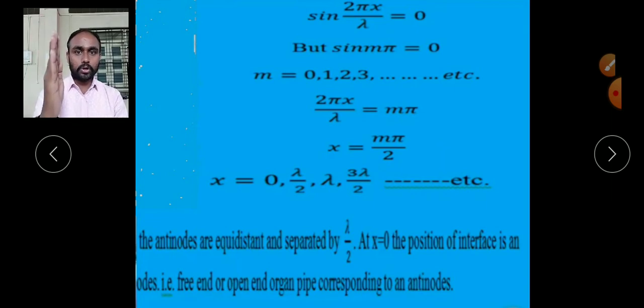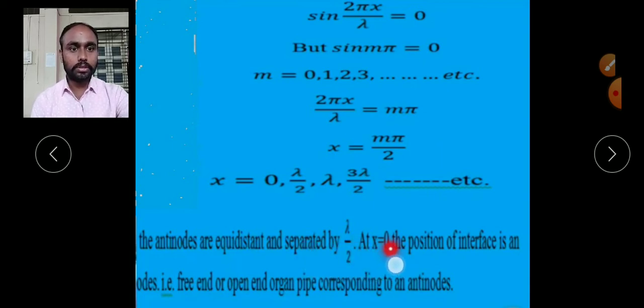I told you there that we will not only show it in the diagram, we will prove it mathematically. The free end or open end of an organ pipe corresponds to an antinode, and the antinodes are separated from each other by the distance lambda by 2.